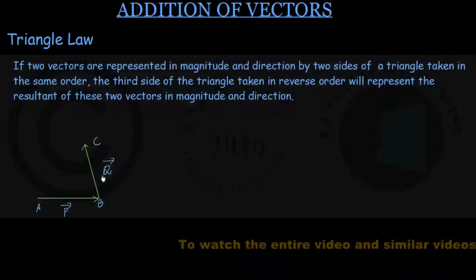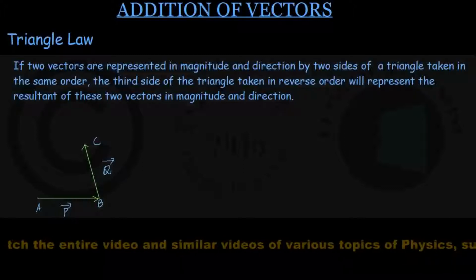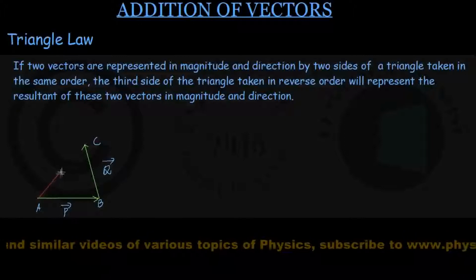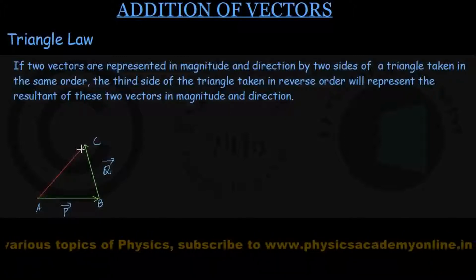And then the third side of the triangle taken in reverse order. Let me clarify what it means. The resultant is given by the third side in the reverse order. I have chosen a different ink consciously because I want to show the resultant here.